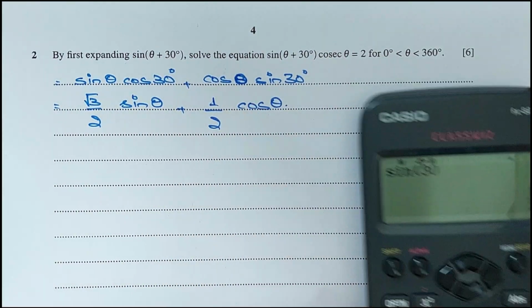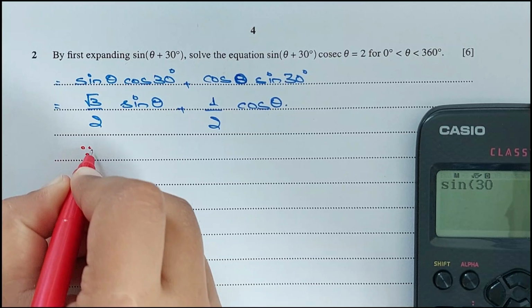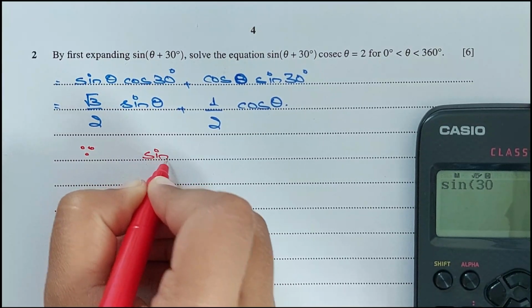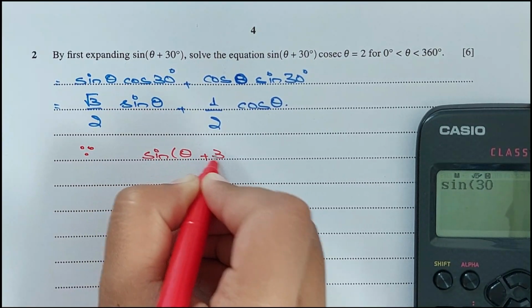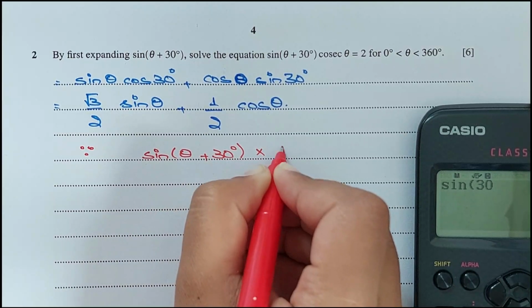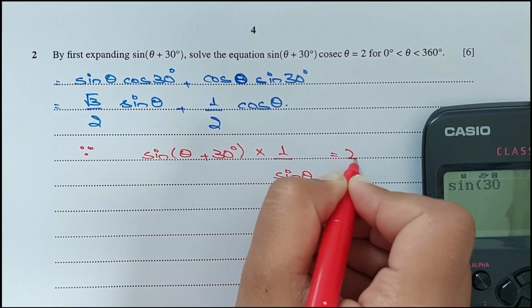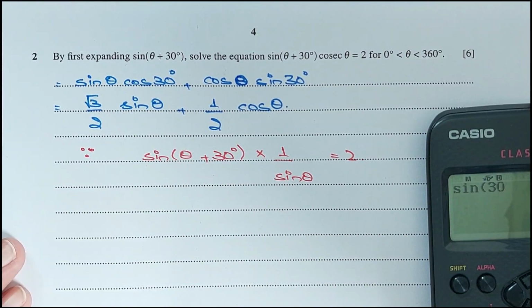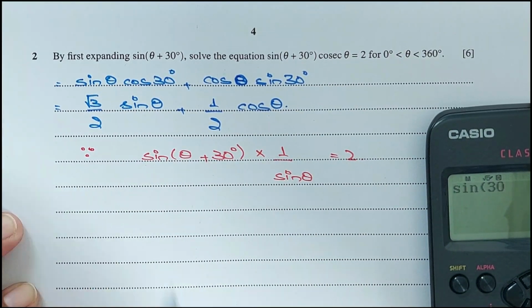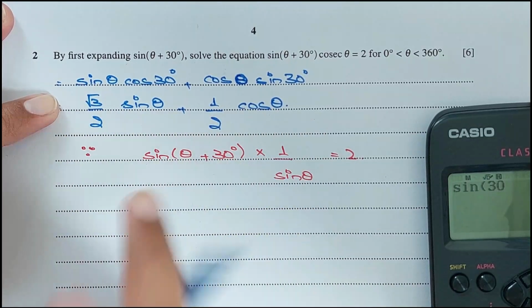Now we have to solve this equation: sin(θ + 30°) times cosec θ, which is 1 over sin θ, should equal 2, for values between 0 and 360 degrees. So this is the expansion.